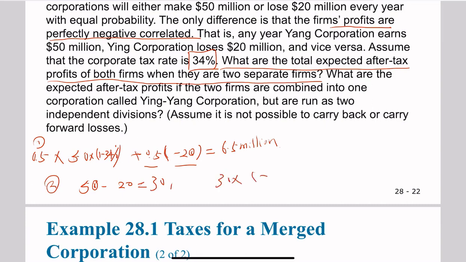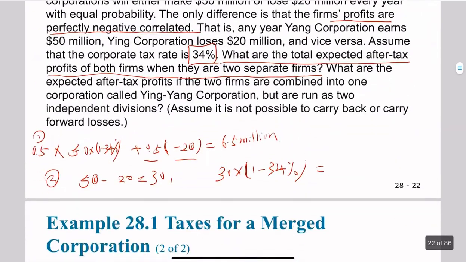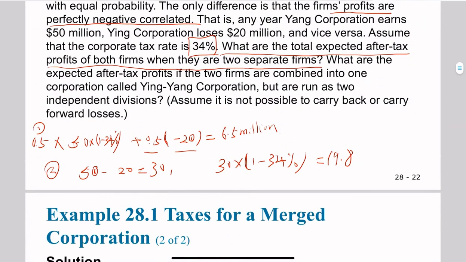And then times the tax rate, which is 34%. So the after-tax profit would be $19.8 million. Again, this is a fictional example. What you can see here is because combining these firms, the operating loss will be used to offset the gain.